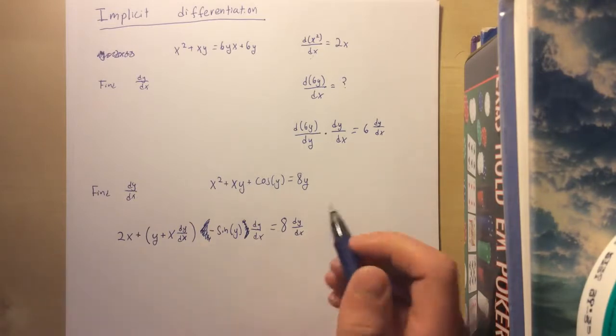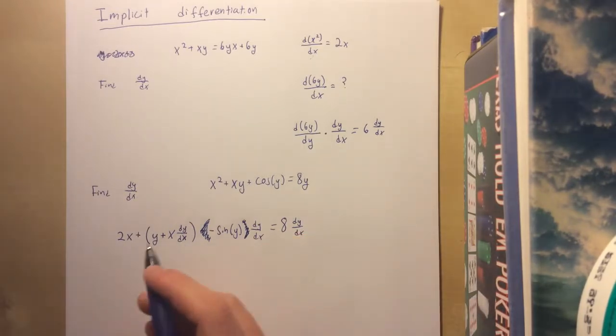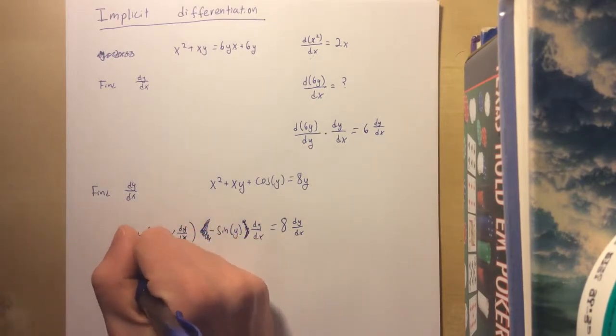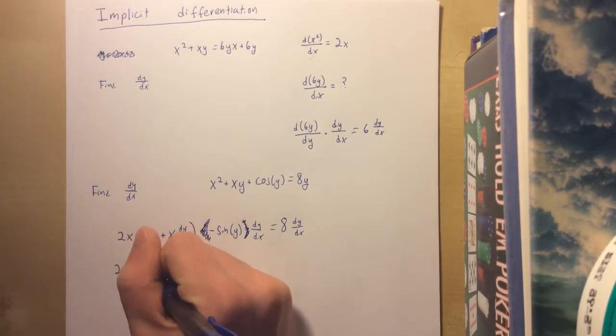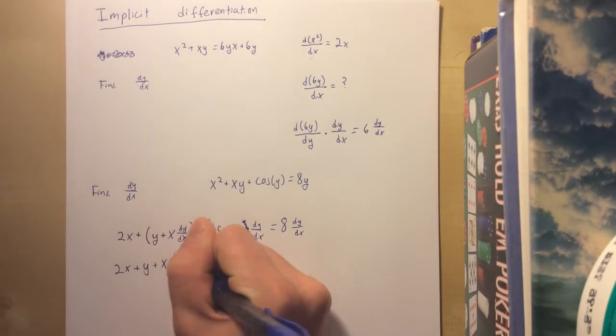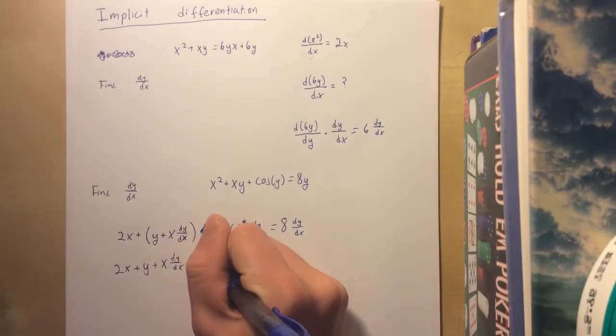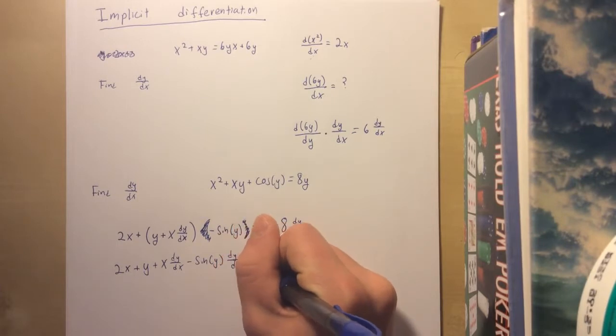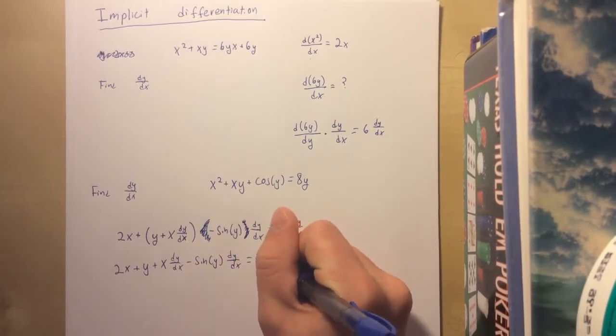So we're going to move all the dy dx's to the left side and all the non-dy dx's to the right side. So first of all, I'm going to rewrite it without the parentheses. So 2x plus y plus x dy dx minus sine y dy dx equals 8 dy dx.